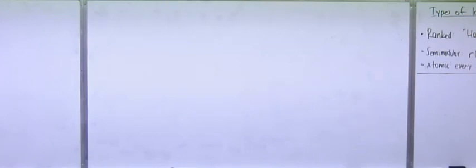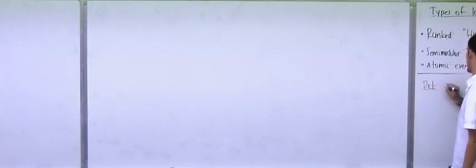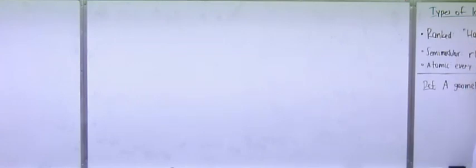So I'm going to define a new kind of lattice for you, which is a geometric lattice. It's a lattice which has these properties.